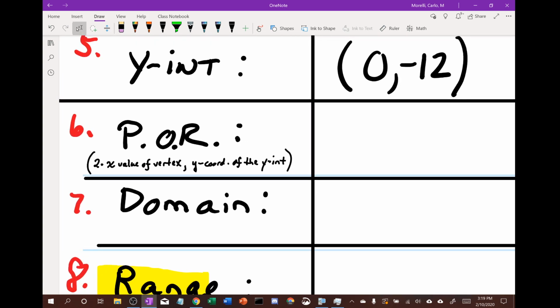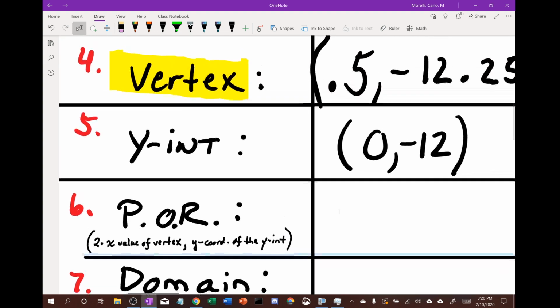Two times the x value of the vertex, comma, the x coordinate of the vertex.